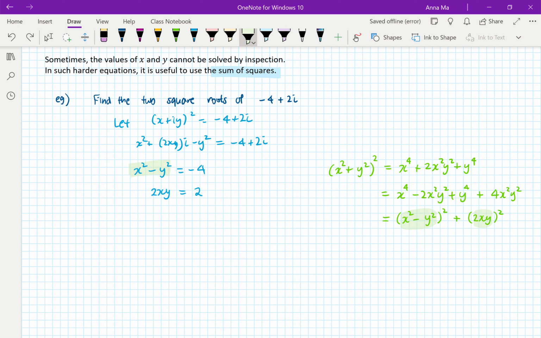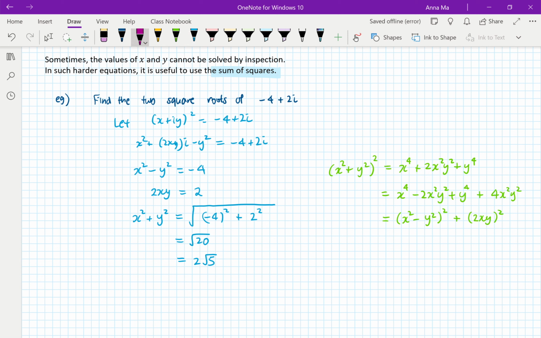So using that identity, I could come up with the expression for x squared plus y squared, because then that would be just the square root of this squared plus that squared. And as a result, I get 16 plus 4 root 20. I'll probably simplify that to 2 root 5.